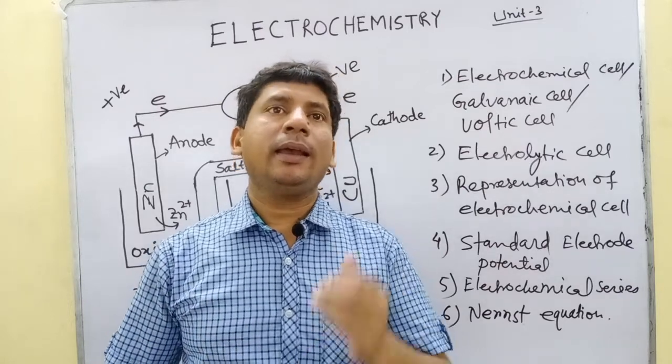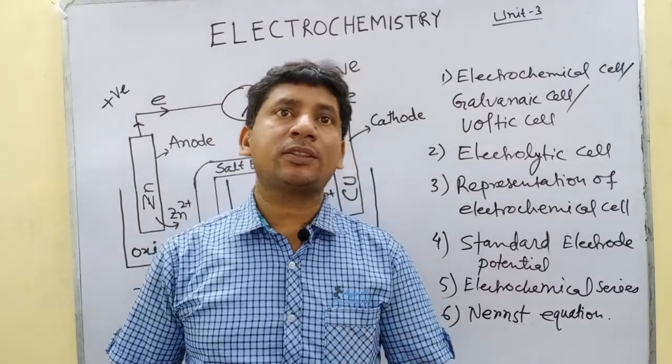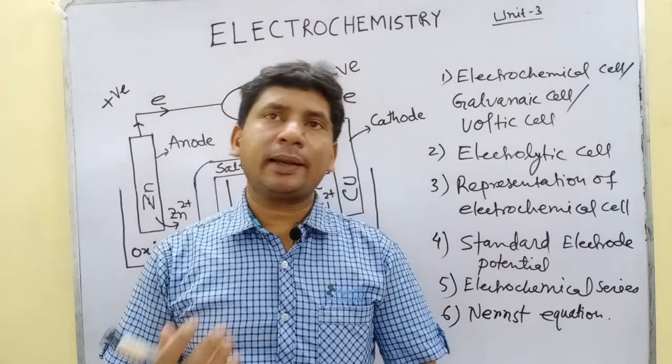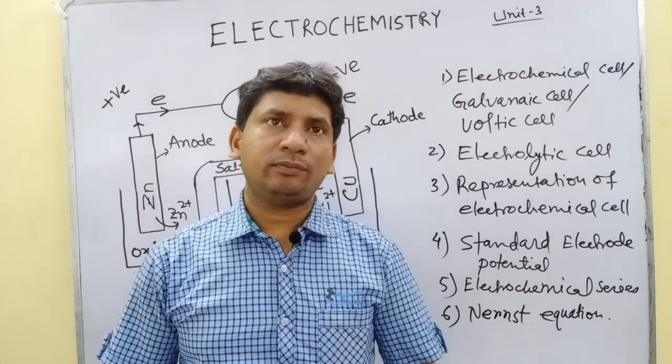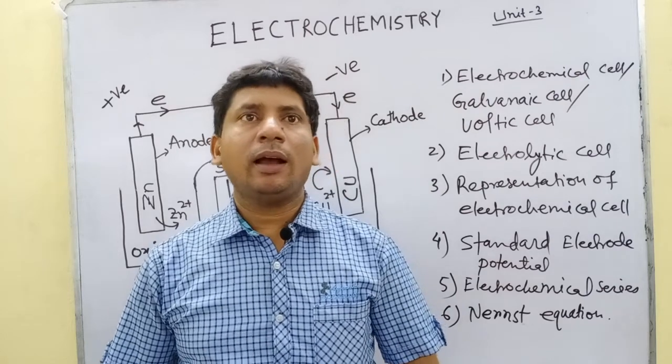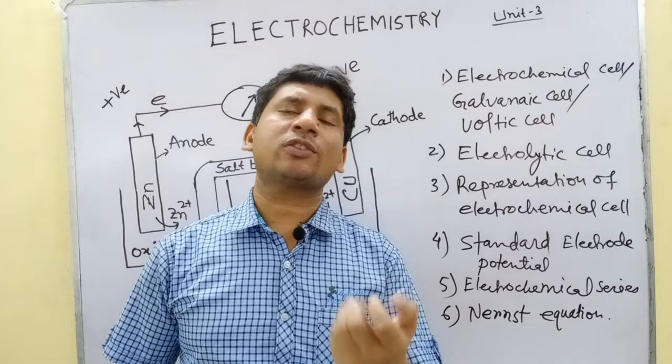A cell in which chemical energy is transformed into electrical energy is known as an electrochemical cell. The chemical reaction that occurs in the galvanic cell is always a redox reaction.